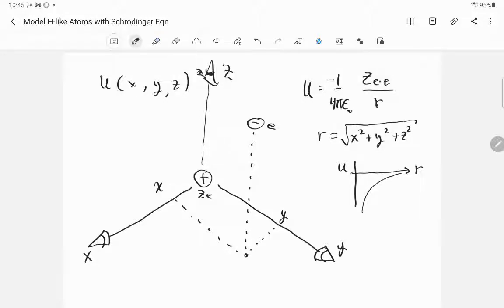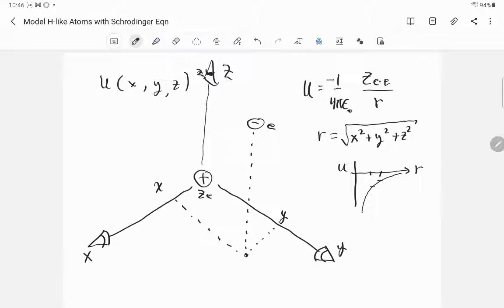And for finite r values, somewhere over here, the potential energy has a negative value, but the important thing is how it changes. The way that the potential energy changes is such that if you go further out in r, the potential is increasing, and that's what we know needs to be true for an attraction between two particles. The potential energy increases the further separated the two things are.